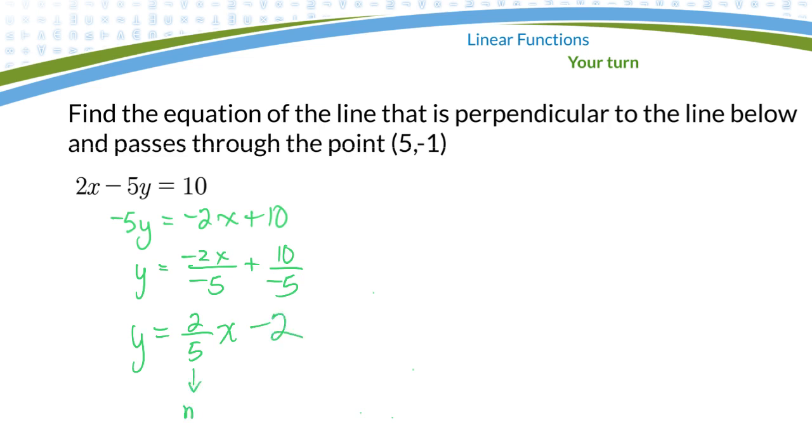So this is the slope. But my line is perpendicular to this one, so the slope of my line has to be the negative reciprocal of that. So I flip it over, 5/2, and I change its sign. So that's the slope of my line.